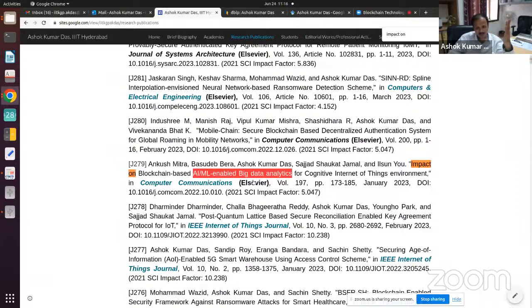So in this paper, we have shown that there is a huge impact if we use blockchain-based authentic data for big data analytics, as compared to analytics on data taken from a simple cloud server environment.